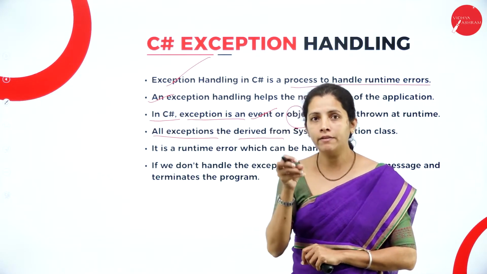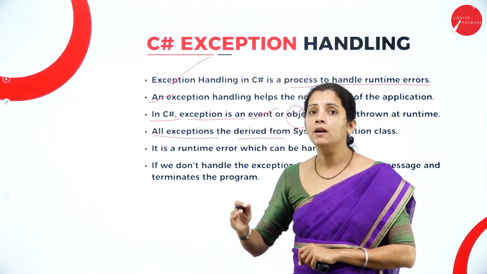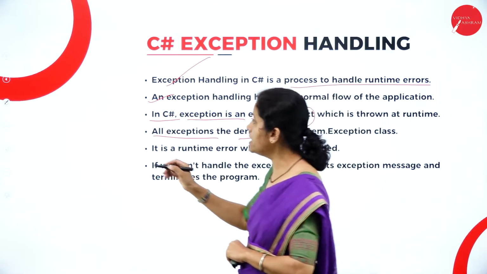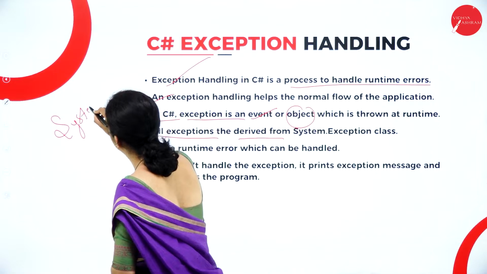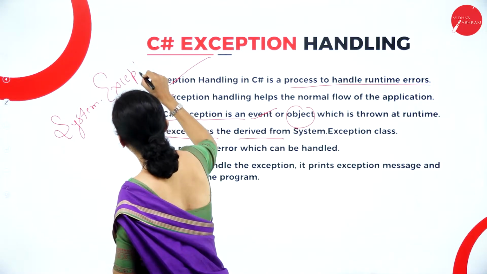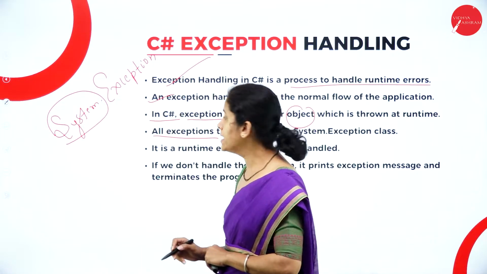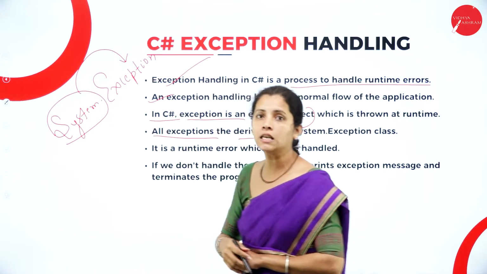That means whatever runtime exception I get in my program, all of them are derived from System.Exception. So what is System here? That is nothing but the namespace, and in this namespace, I have the Exception class.